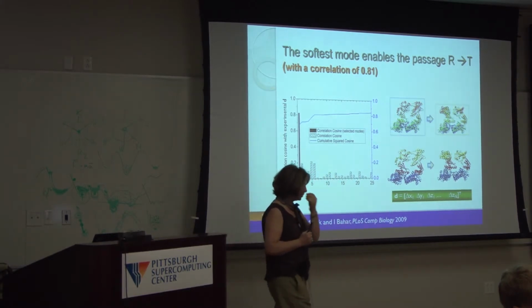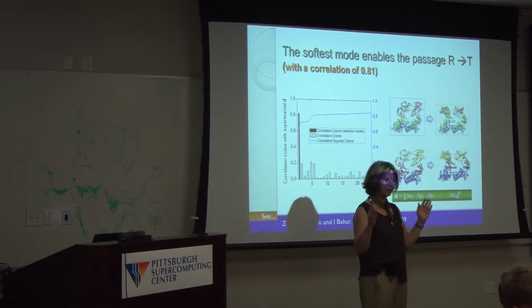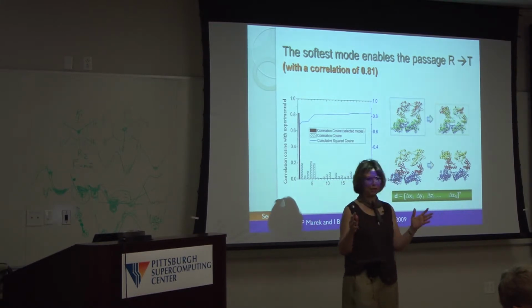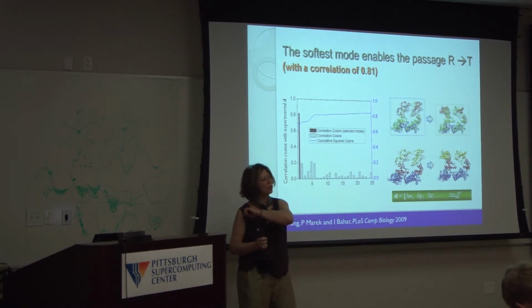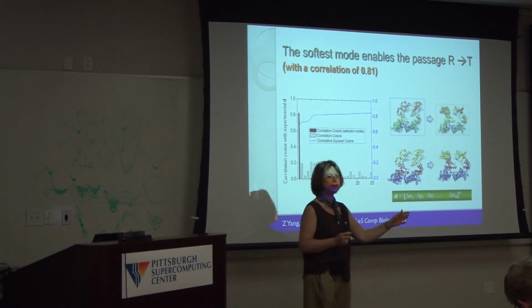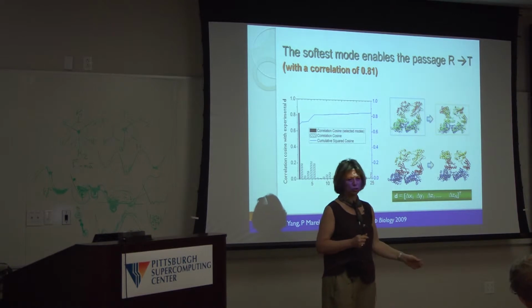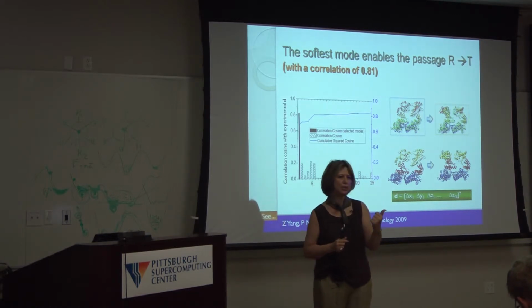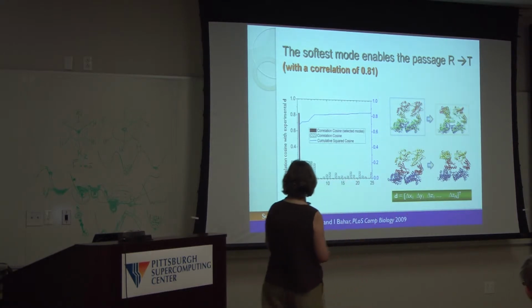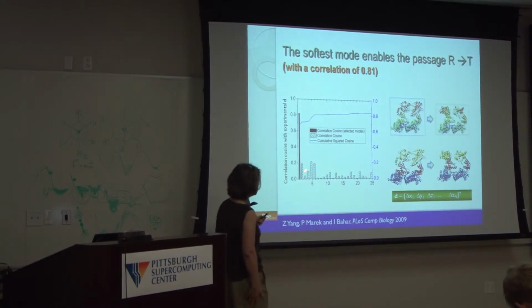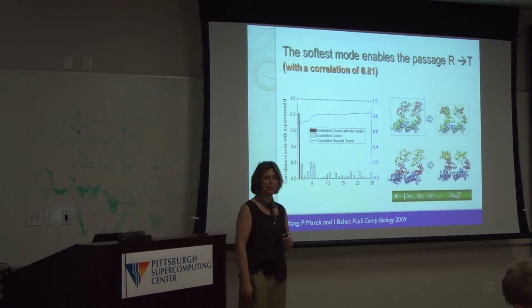Normally, the modes form a complete space. They form a basis set. So if you take all the modes and sum them up, you can always reproduce any motion you like. But we would like to see whether this motion is enabled by a soft mode. So we look at the correlation cosine between all of them, and with the first mode in this case.